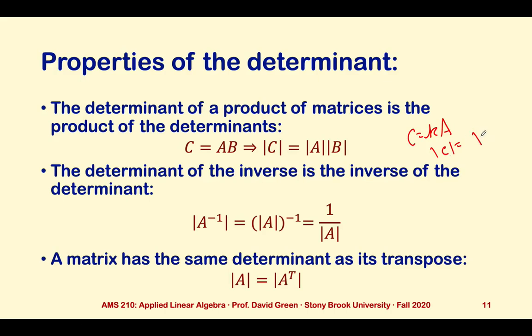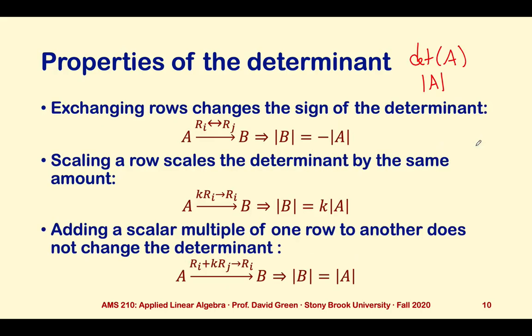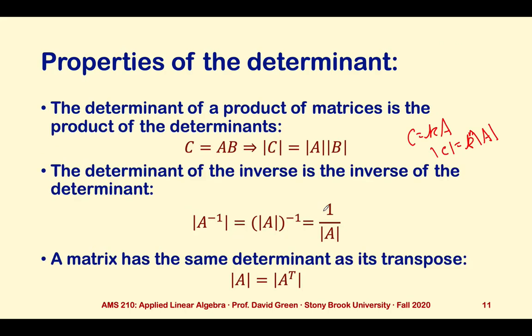It is not K times the determinant of A. Rather, it is K to the power of N times the determinant of A. Why is this? This is because scaling a whole matrix by K involves multiplying every single row by K, and each row scaling increases the determinant of A by a factor of K. So we have to do that as many times as we have rows.